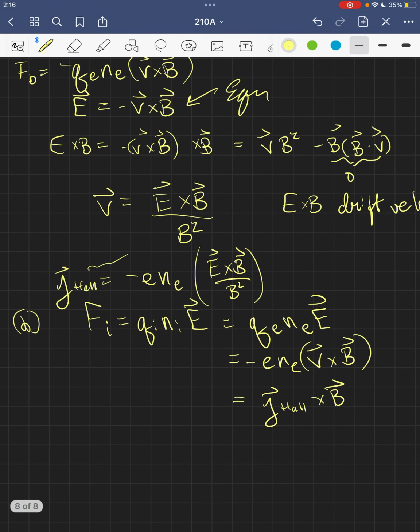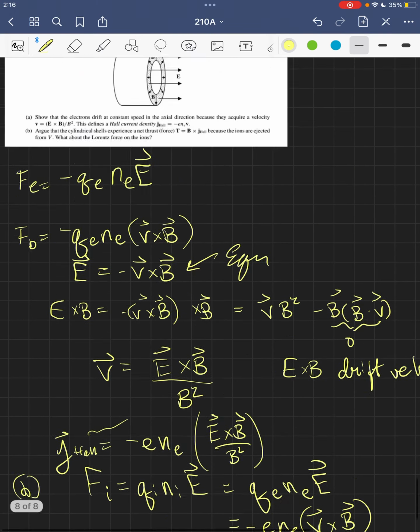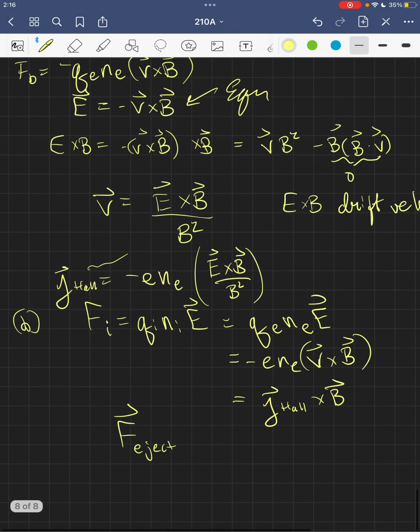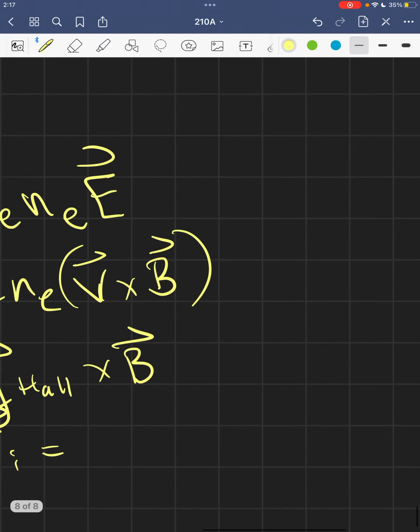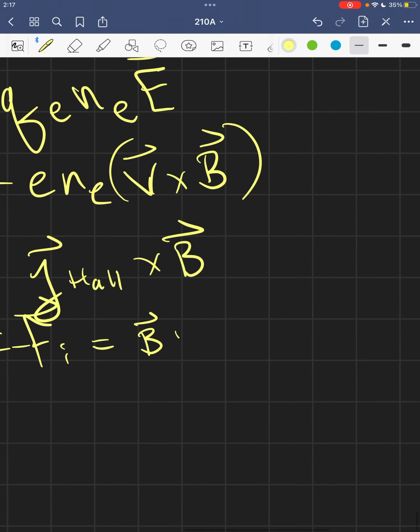If this is the force of the ions being ejected, then the force acting on the shell, which we'll call the thrust T, has to be negative F_i, which is just B cross J Hall.